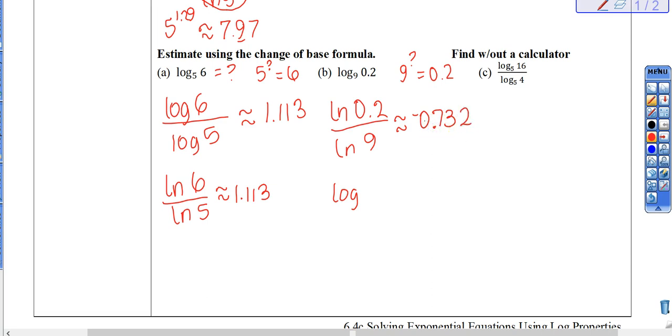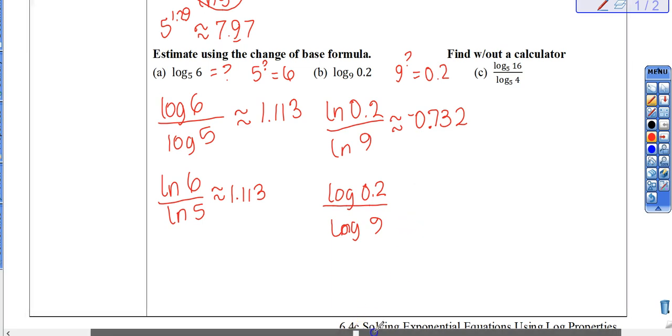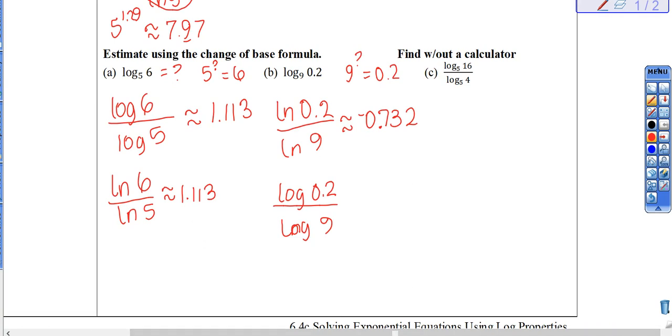Let's go to three decimal places because that'll get us really close. You could have done natural log or common log; it gives you the same exact answer either way. So you don't really have a choice with those.